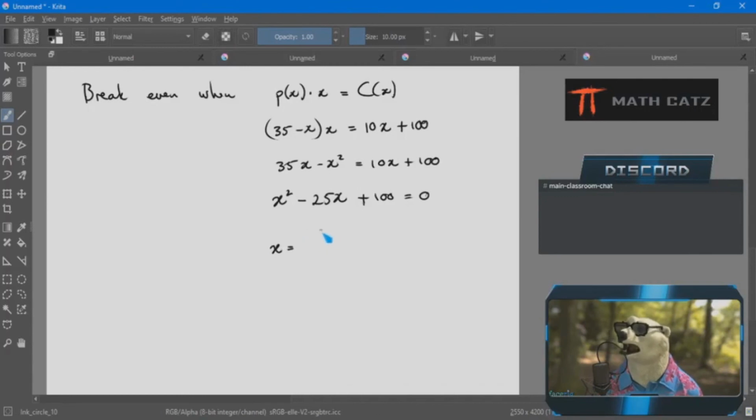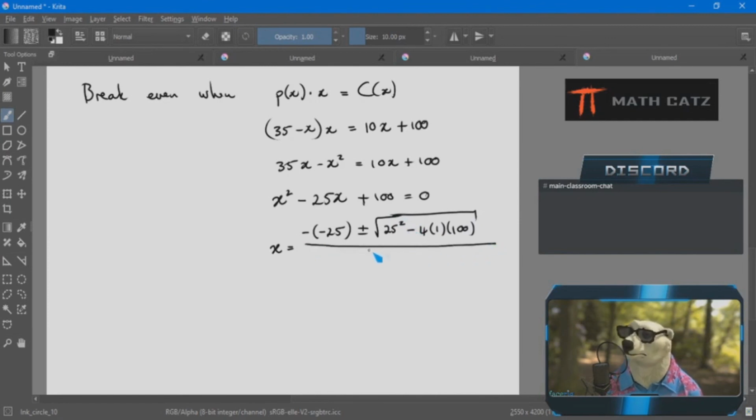So I have negative b, which is negative 25, which of course you can simplify on the fly. I just want to show it clearly here. B squared is still 25 squared, because the negative will just cancel anyway. Minus 4 times a is 1 times c is 100. Please, for the love of all things, close that square root. So we see what's inside and what's outside.